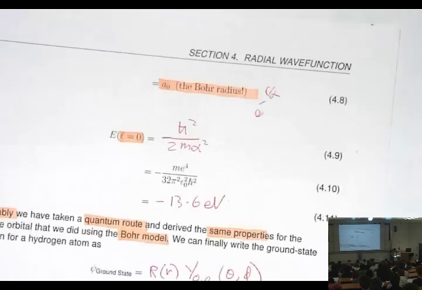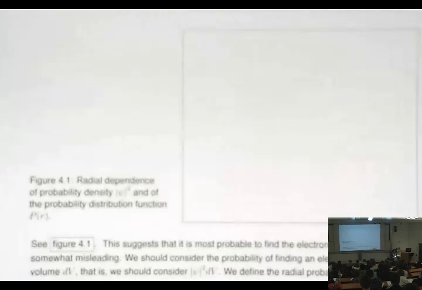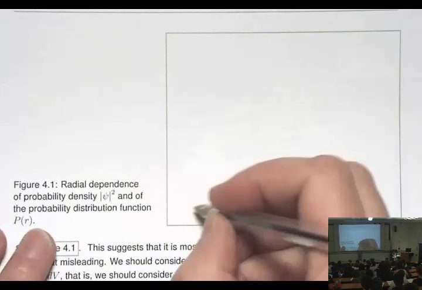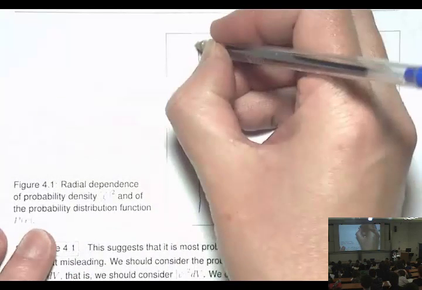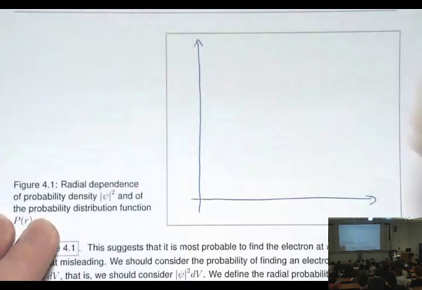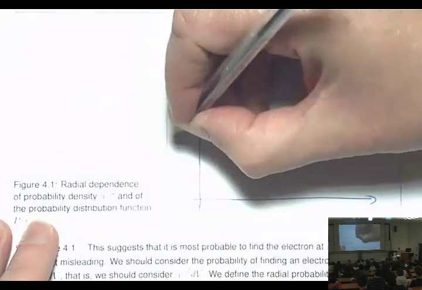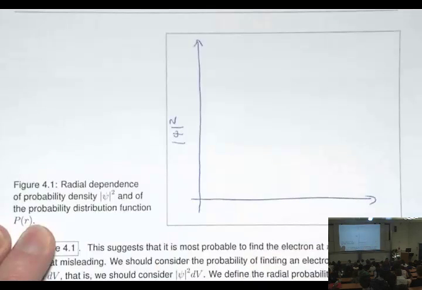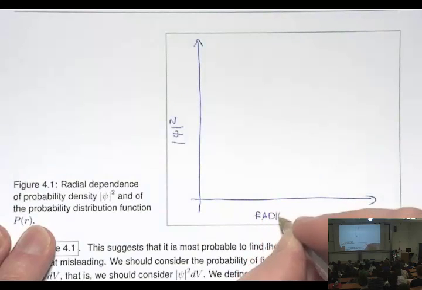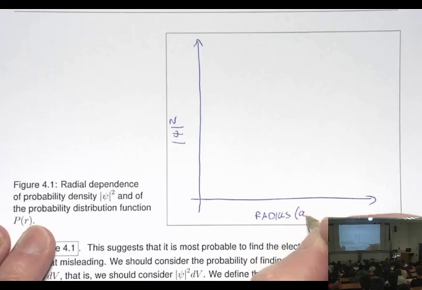So on the next page, let's draw a picture. We're going to have two axes. The first one is going to be the wave function squared. And the other axis is going to be the radius in units of a naught.